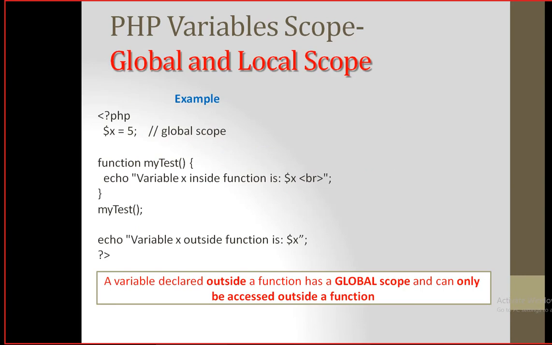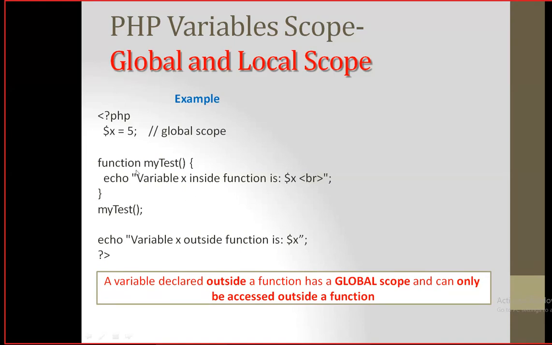Okay, so global scope. Firstly, you can see that we have declared a variable over here, and by default, if you declare any variable outside any particular function as a part of the PHP script, then that variable automatically has a global scope. Understood? So if we try to use that variable inside any of the functions, firstly, in PHP, we will have to create functions in this way, right?